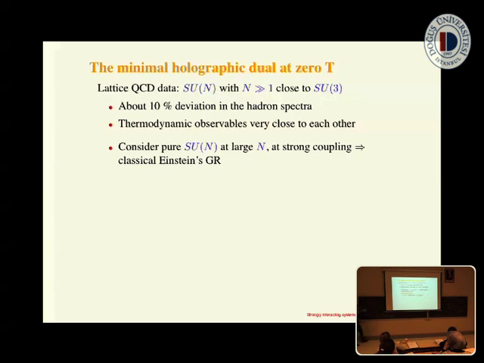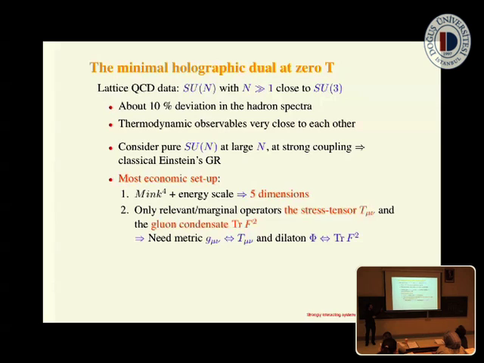So I will follow this phenomenological approach that I explained. This tells me that I have to go to 5 dimensions, and I have to find a curved space-time in 5 dimensions. The only relevant operators are the stress tensor, F squared, and mu. There are no other relevant operators, because this is not QCD; this is pure SU(N) gauge theory.